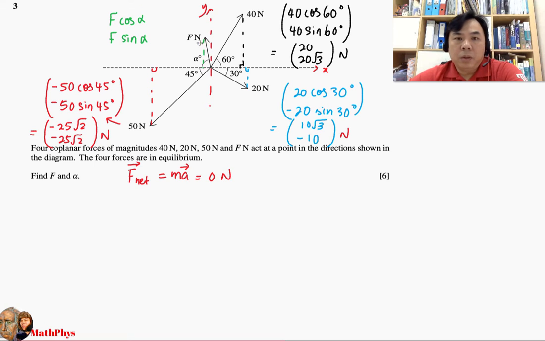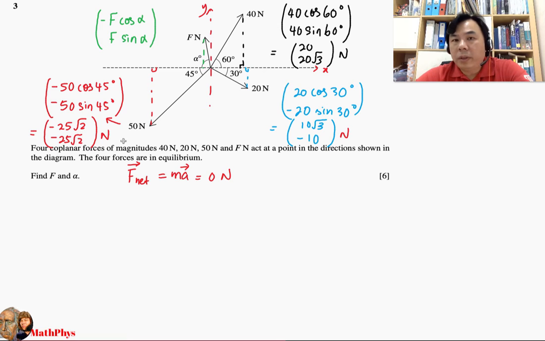But bear in mind, based on this orientation, we notice that F is in the second quadrant, so the x component must be negative, so that must be negative F cosine alpha, whereas the y component is positive. So that's how we represent the force F in its vector form.